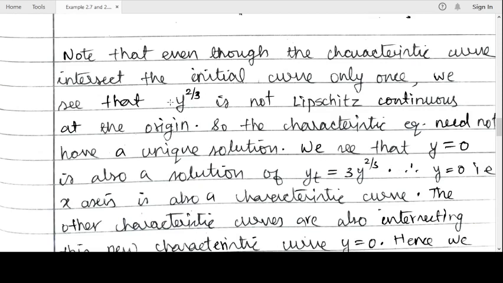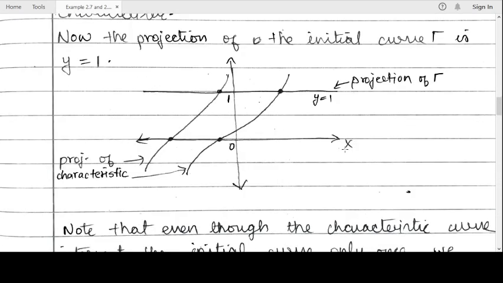Since the coefficients of the PDE are not smooth, the ODE need not have a unique solution. There may be many solutions for the ODE. In particular, y equal to 0 is also a solution. That is, the x-axis is also a characteristic curve. Now see the figure.